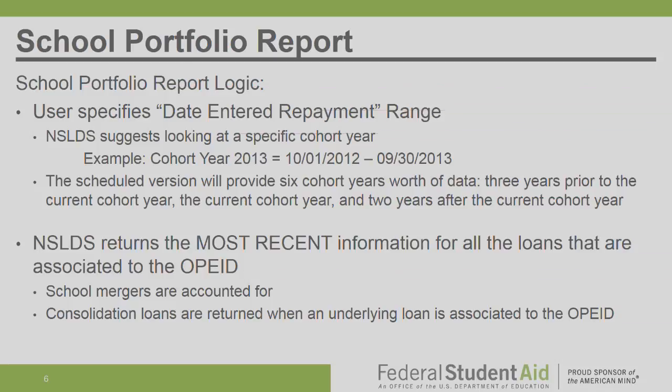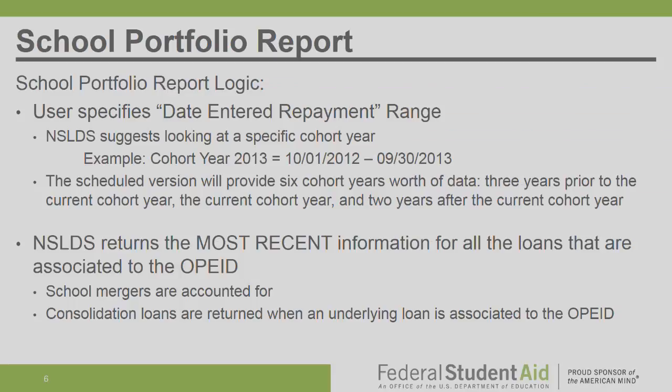Also, I mentioned school mergers are definitely accounted for, as well as the consolidation loan logic. So we do link the underlying loans that are associated with your individual school codes to the consolidation loan if the borrower is consolidated, and we return the information about both the underlying loans that are probably in a closed status because they've been consolidated, as well as the consolidation loan itself.